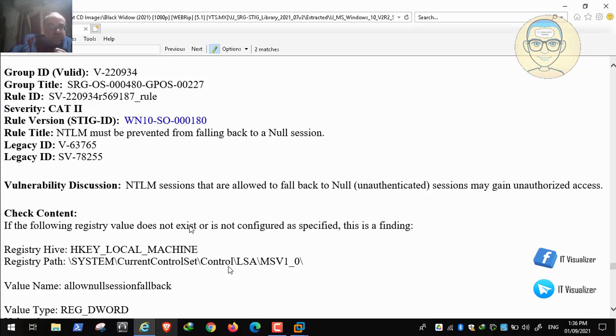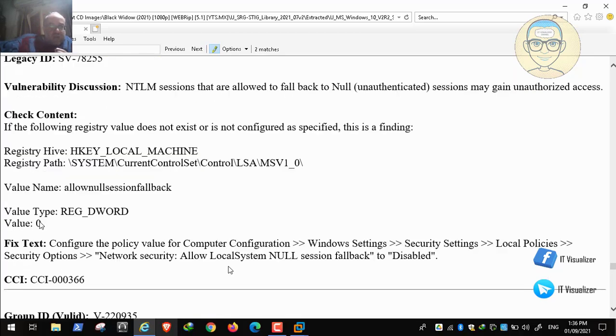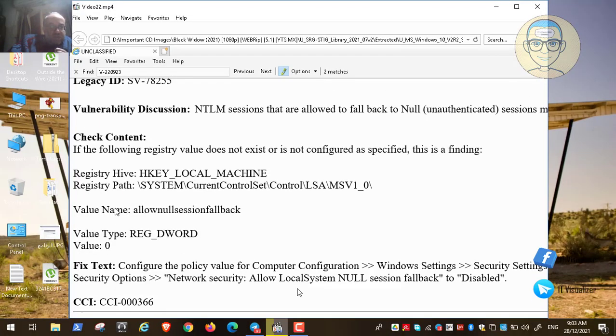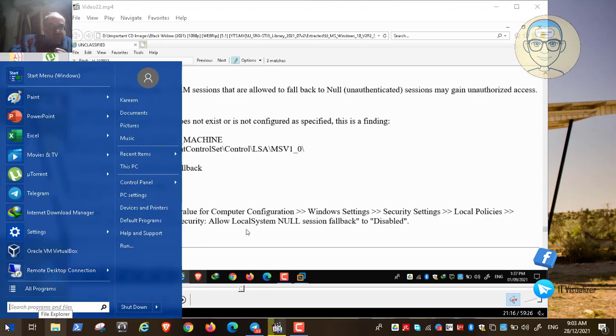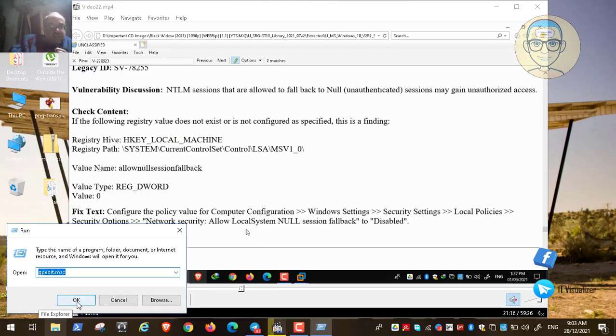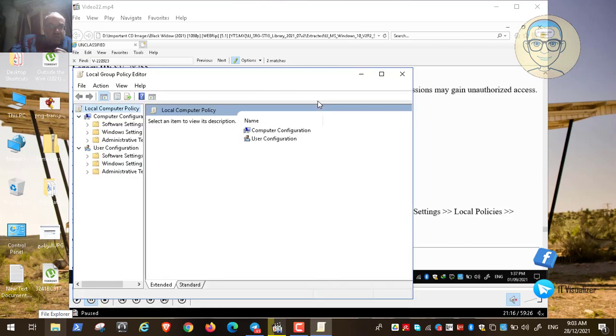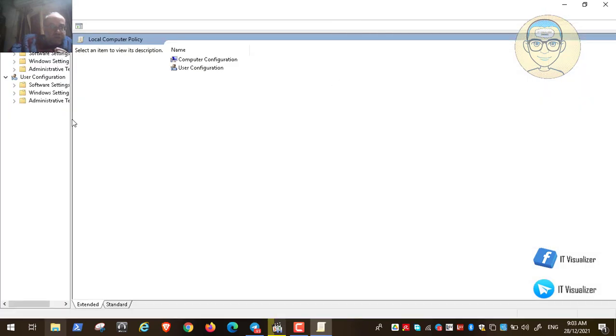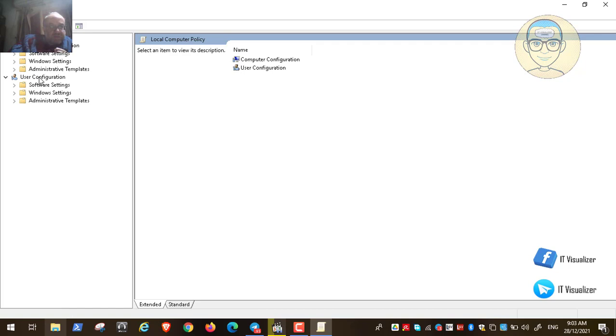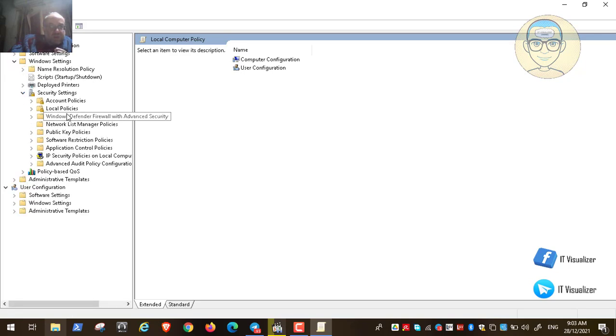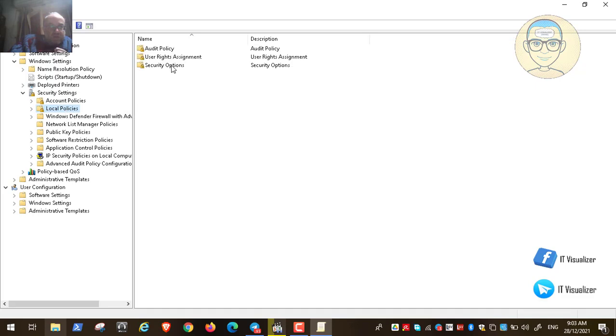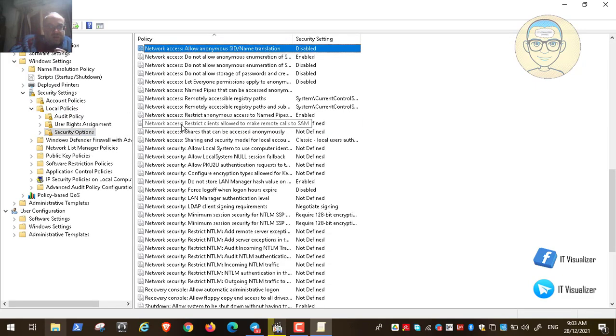Let's see this group policy and its explanation. I think let's go to allow local system null session fallback. Let's see what this group policy talks about. So this is network security. Let's again see the explanation of this group policy, so we can go there and see the Windows setting, then security, then local, then security options, then network security.